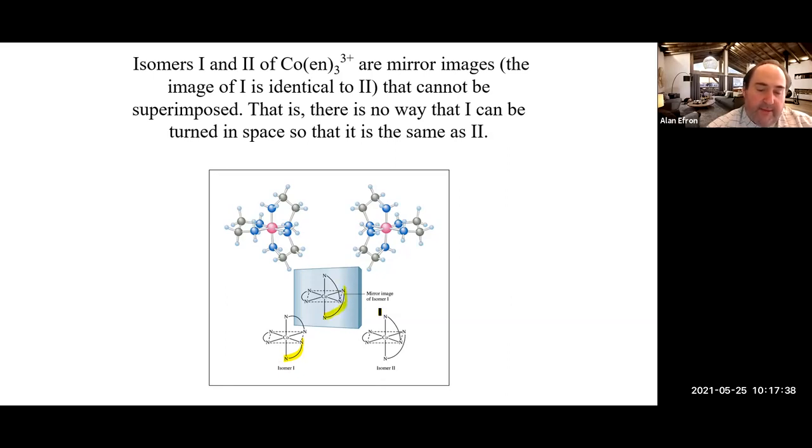So when we pull out that mirror image, this nitrogen is no longer bonded to the front nitrogen, and now makes a connection to that back nitrogen, which means although it may appear to look pretty much the same, every time you rotate it or try to get it to fit, you're going to have that bond that's skipping that front nitrogen, and they're never going to line up correctly. That's why it's really hard to visualize some of these things, but that's the slight difference that occurs as that thing gets reflected into the mirror.